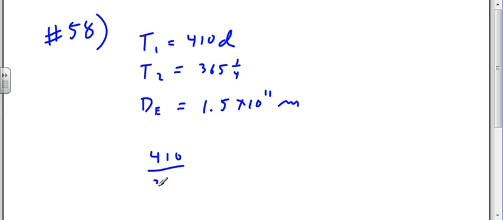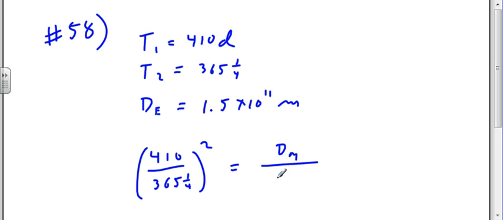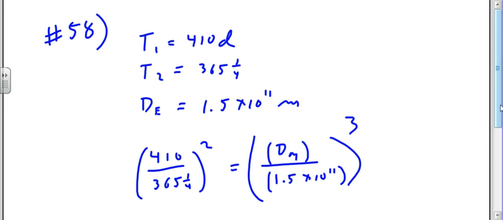Alright, so 410 divided by 365.25 squared is equal to the distance to the meteor divided by 1.5 times 10 to the 11th cubed.